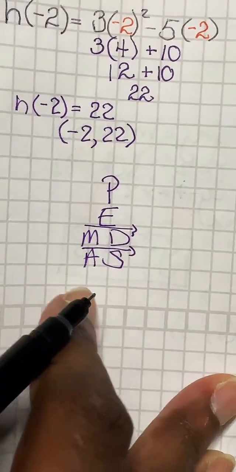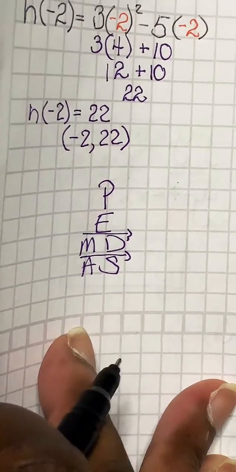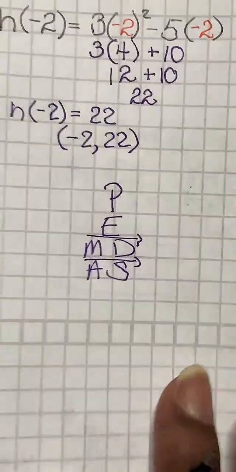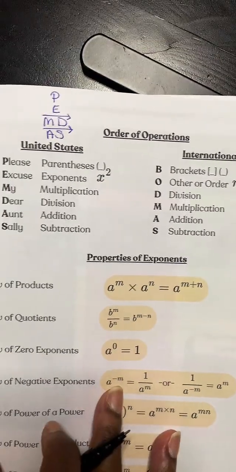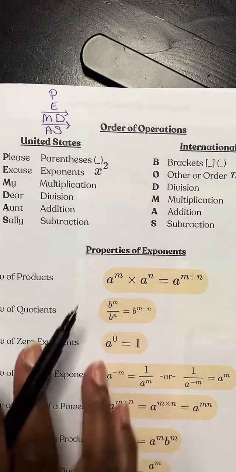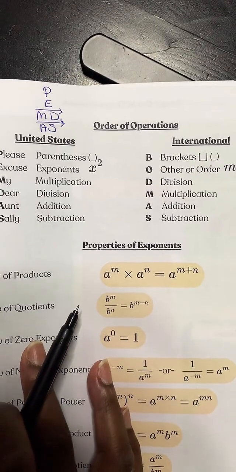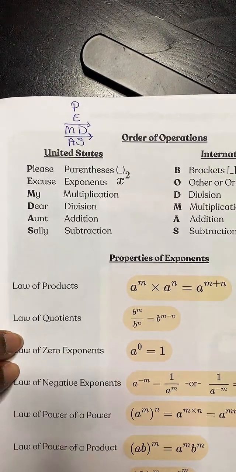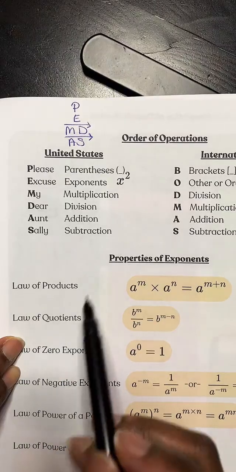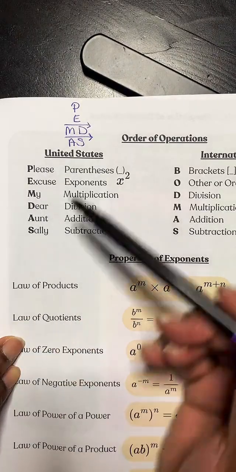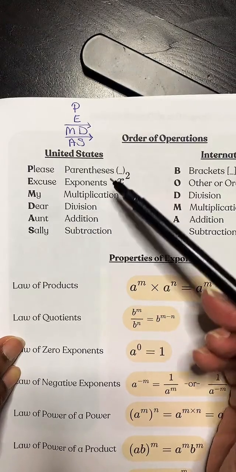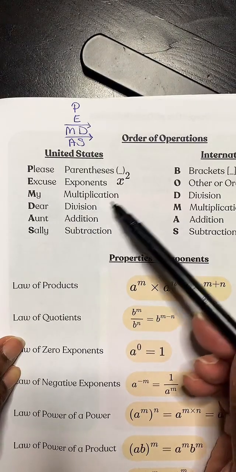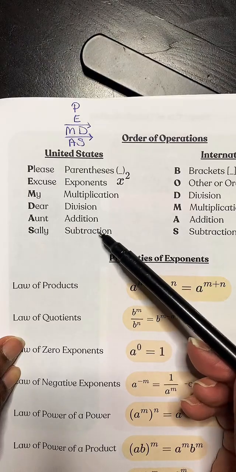Here it is. It might be different because I'm not sure where you are located. In the States, we go by please excuse my dear Aunt Sally, meaning parentheses, then exponents, multiplication, division, addition, and subtraction.